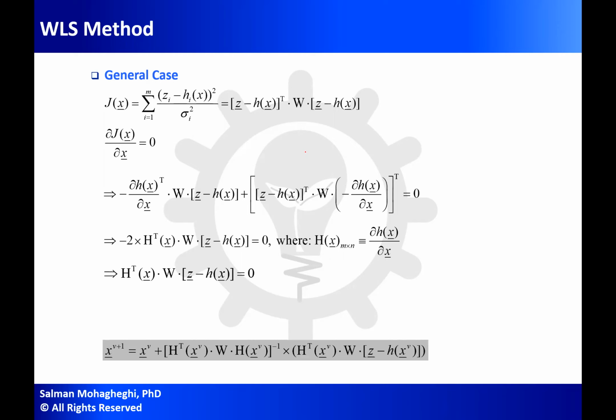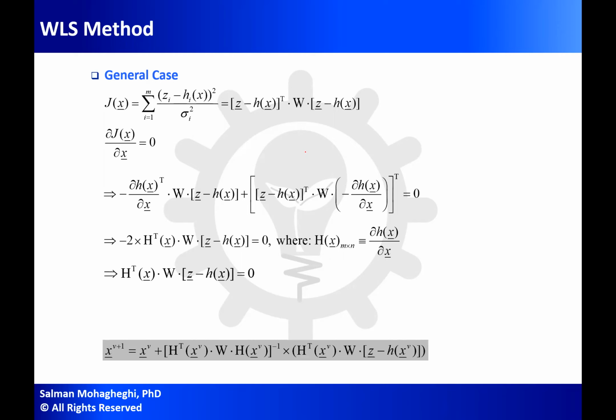In fact, you can think of it as the inverse of the covariance matrix of errors. So this matrix is m by m, and this is m by 1. Collectively, 1 by m times m by m times m by 1 is 1 by 1, which is my objective function.